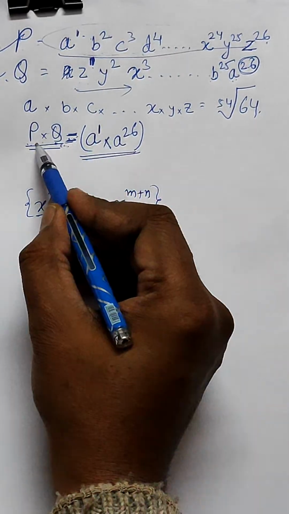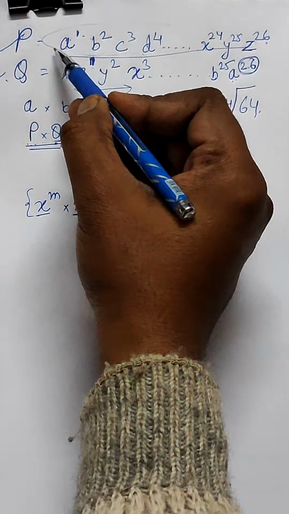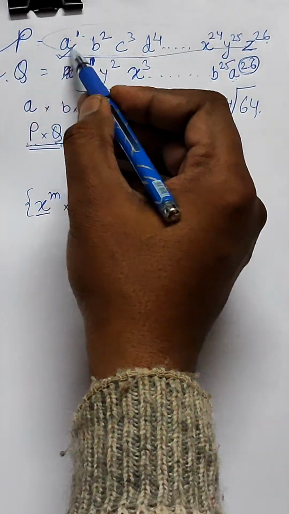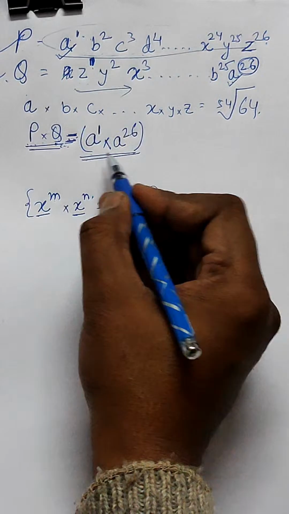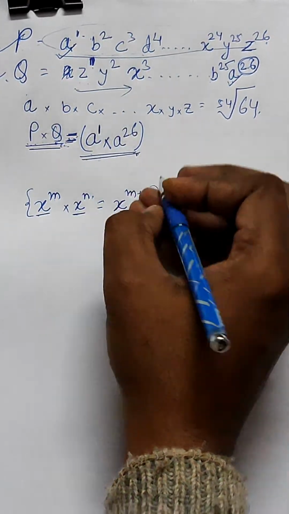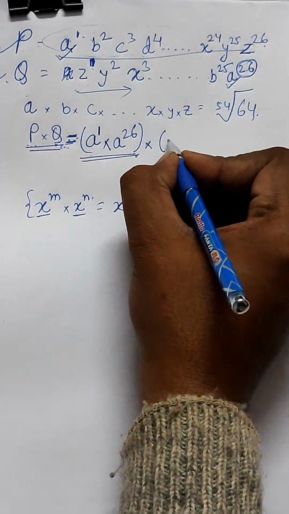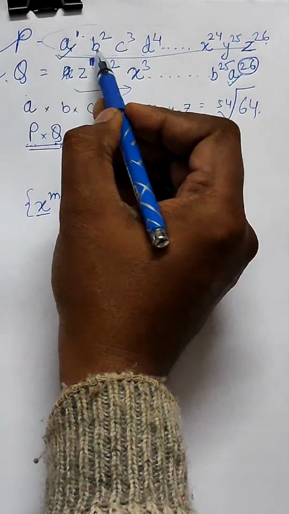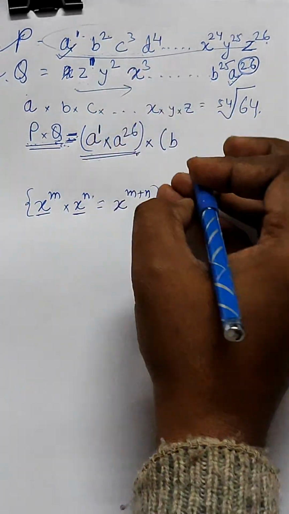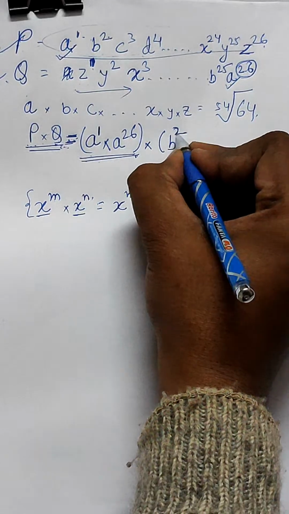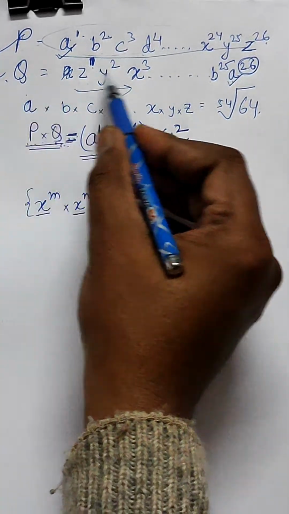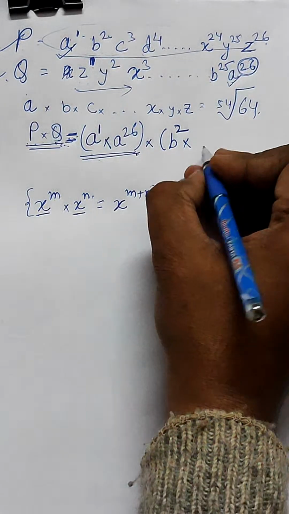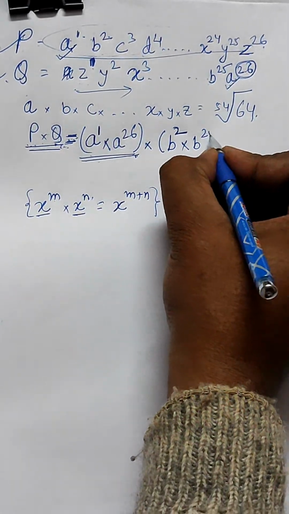So that's why, when p is multiplied by q, we take the component of a from p and the same component of a from q and keep it in a single bracket, right? Similarly, take b from p. What is the power of b? 2. So write b square multiplied by the value of b from q, which is 25, right?